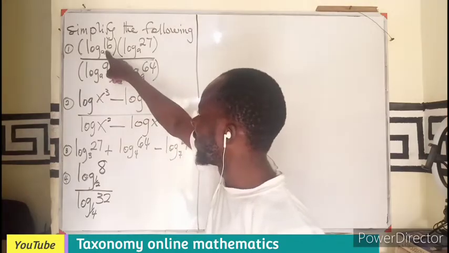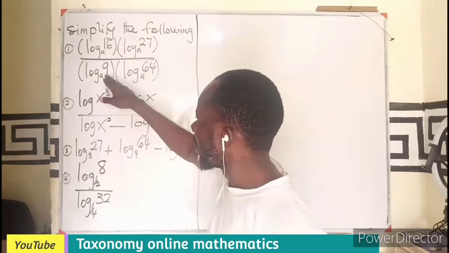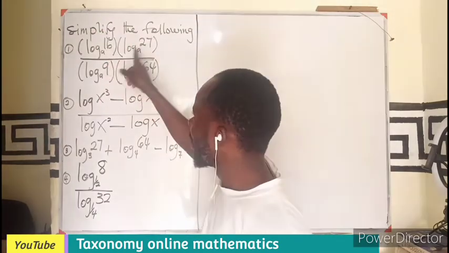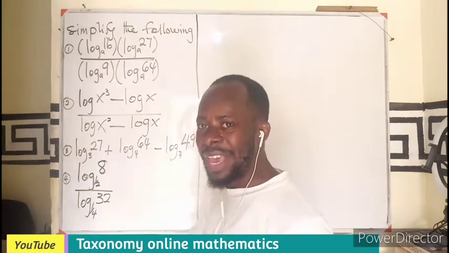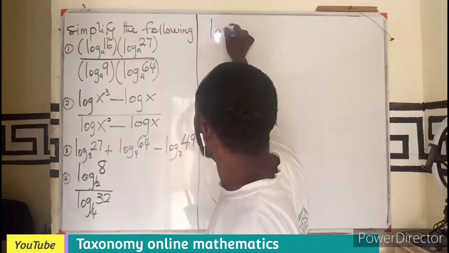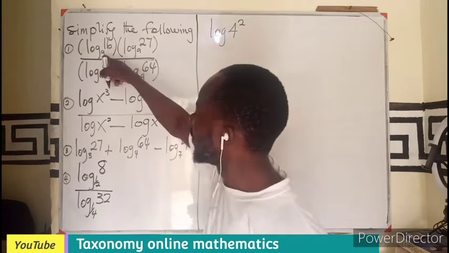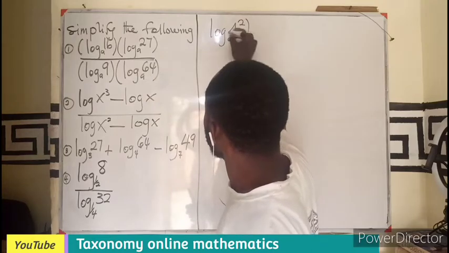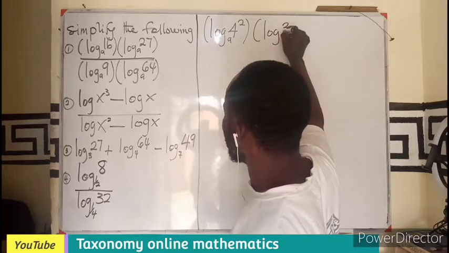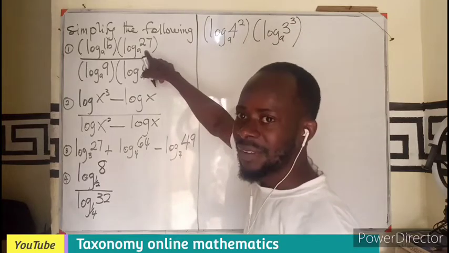We can see that 16 and 64 have something in common. 9 and 27 also have a common factor. Each of them can be broken into a base and an exponent. So inside this, I have log 4 exponent 2 base a, which gives me 16, that will multiply log 3 exponent 3 base a, that also gives me 27.